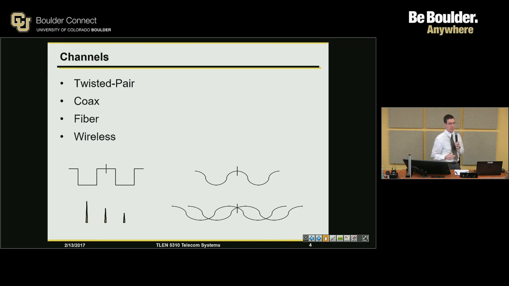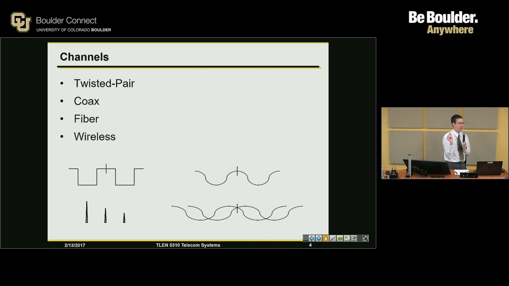It's a capacitor, right? What component do I have if I've got a wire that has a number of turns in it? I have an inductor. So when I have twisted pair, I've got the combination of both a capacitor and inductor associated with that. And if I twist it tightly, my capacitance will go up a little bit more.